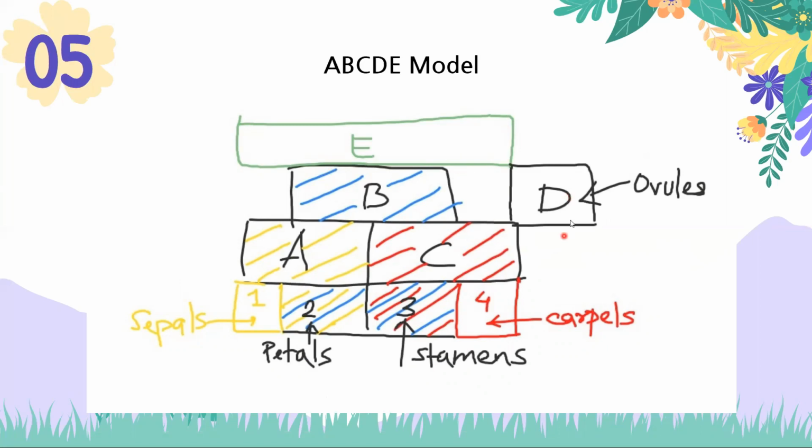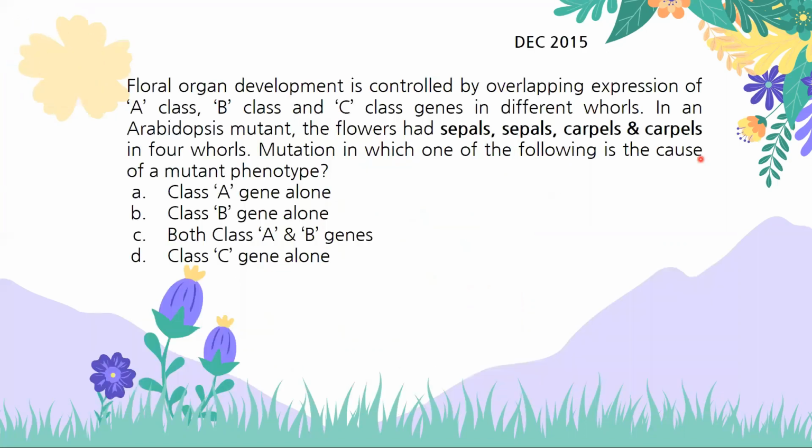And another, D, is also responsible for forming the ovules. So additional two sets of genes were involved, that is E and D. And hence the model was now called the ABCDE model, because we have the two additional genes D and E that are required for this process. So that's all about the ABC model.